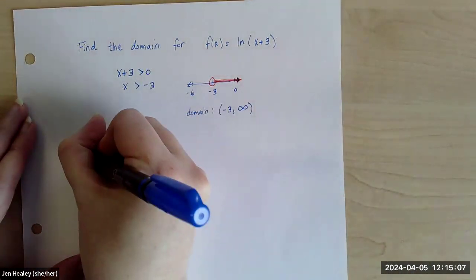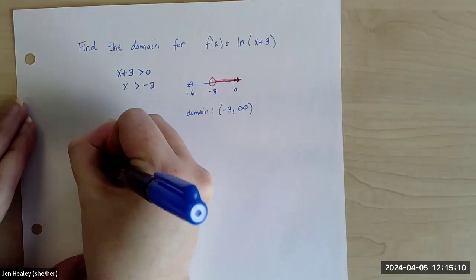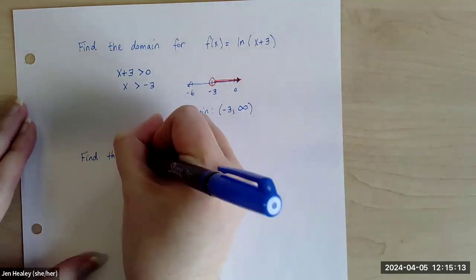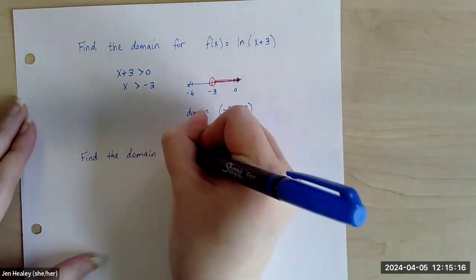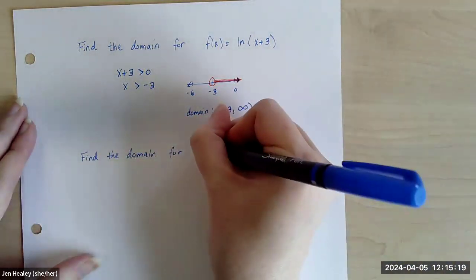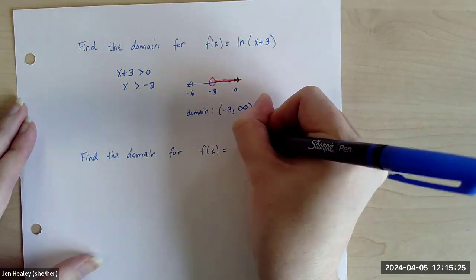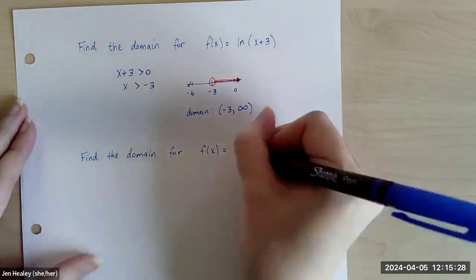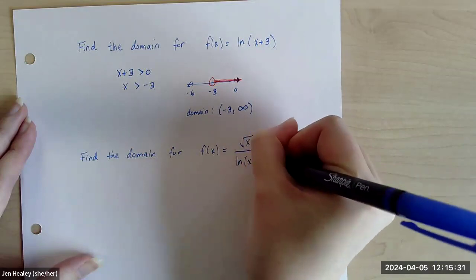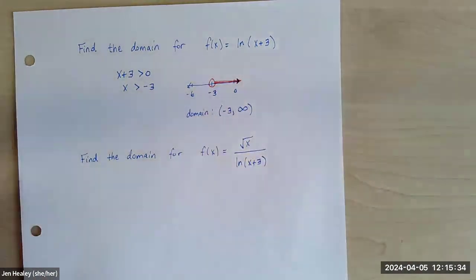Let's say that I wanted you to find the domain for f of x is equal to the square root of x divided by the natural log of x plus 3.